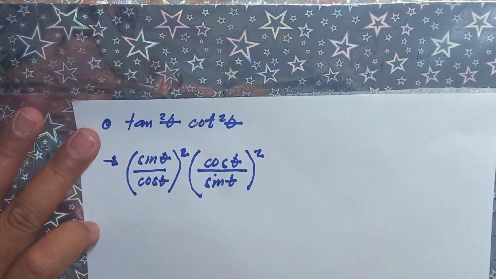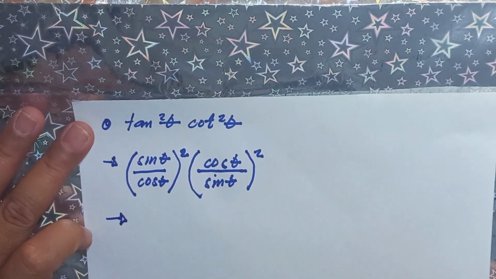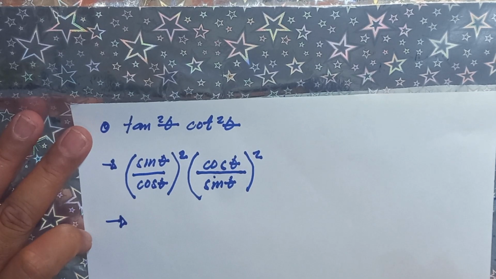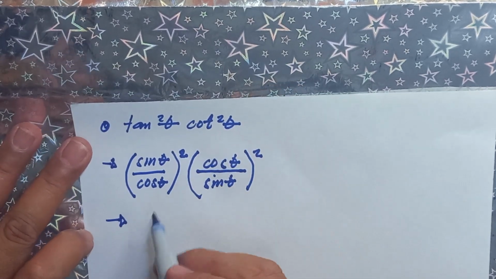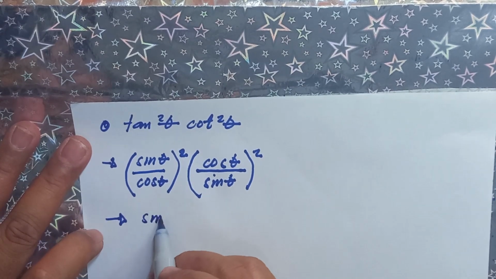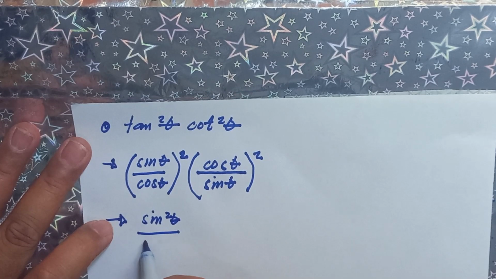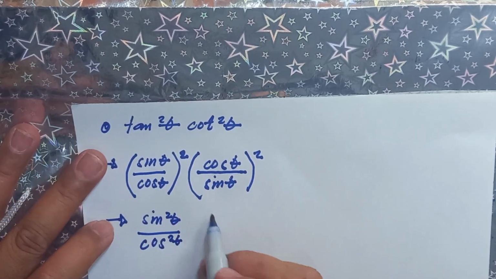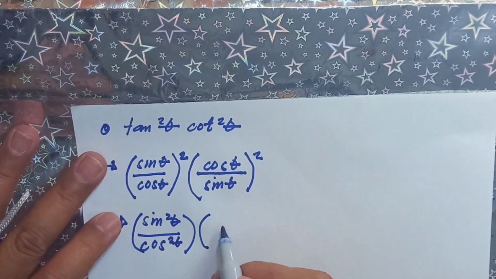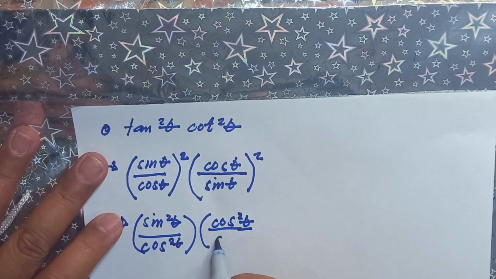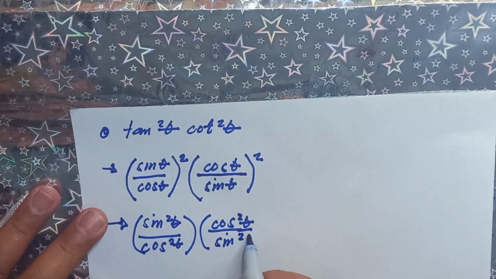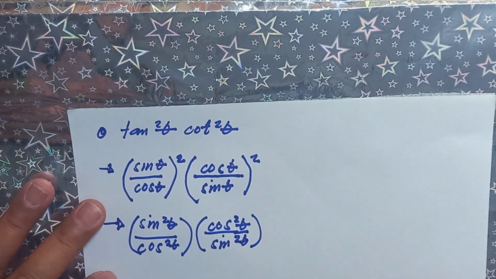Okay, so the next thing that we are going to have, after defining them, is we distribute, so that is the same as sine squared theta over cosine squared theta, multiplied by cosine squared theta over sine squared theta. So it's very obvious now that we can cancel it out.